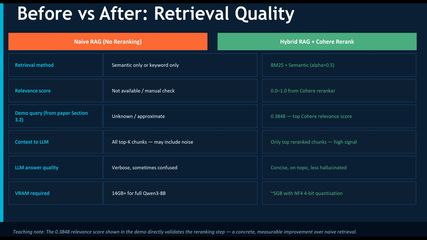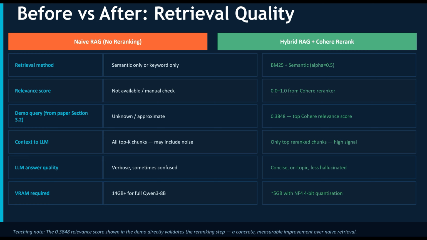The LLM might produce a verbose answer that mixes relevant and irrelevant information. With our hybrid pipeline and Cohere Reranking, you get a measurable relevance score.